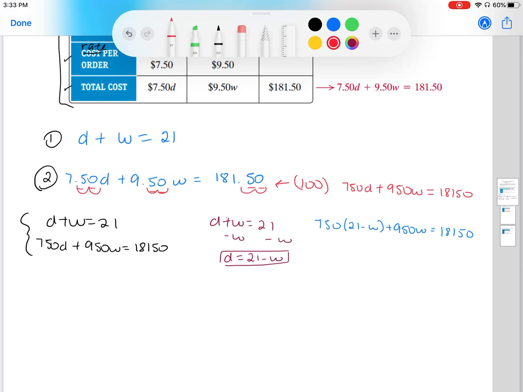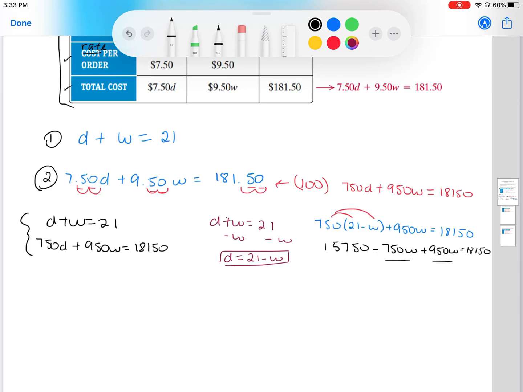All right, let's distribute the 750. So 750 times 21, I have my calculator handy. That gives us 15750. 750 times W, minus 750W plus 950W equals 18150.